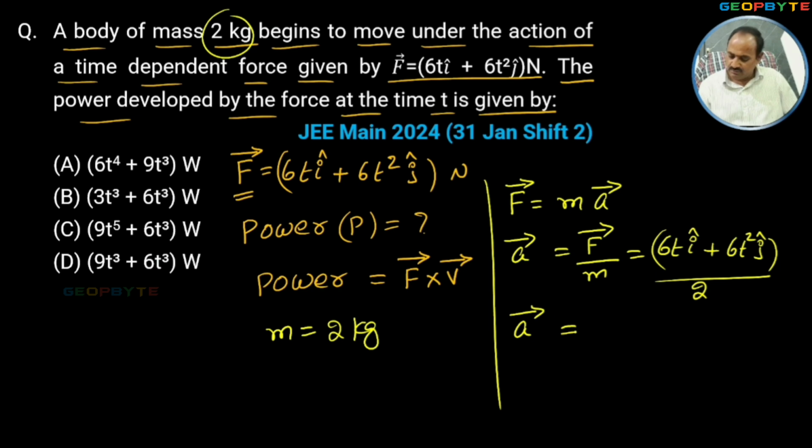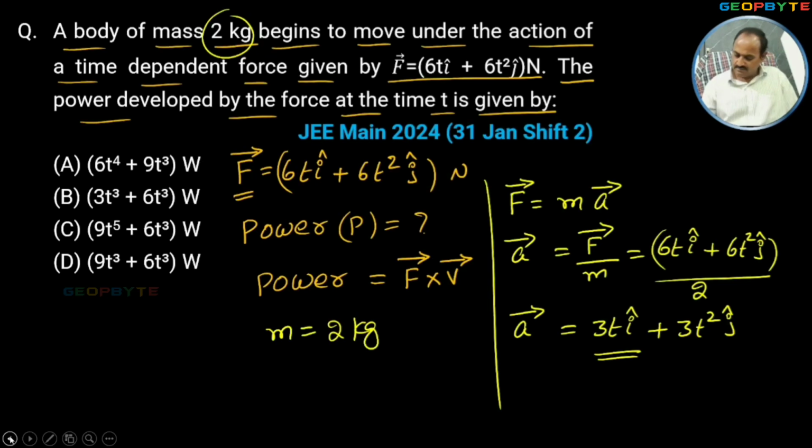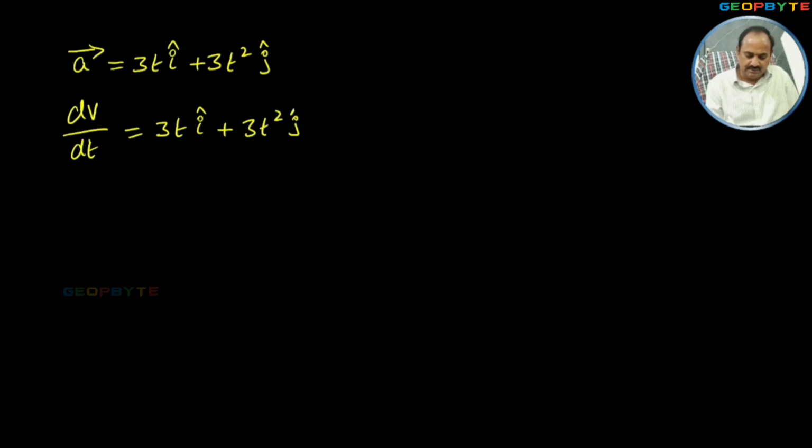Therefore, the acceleration equals 3t i cap plus 3t square j cap. That is the acceleration. From that acceleration, I can find the velocity. Cross check it. Absolutely correct. But acceleration equals what? dv by dt equals 3t i cap plus 3t square j cap.